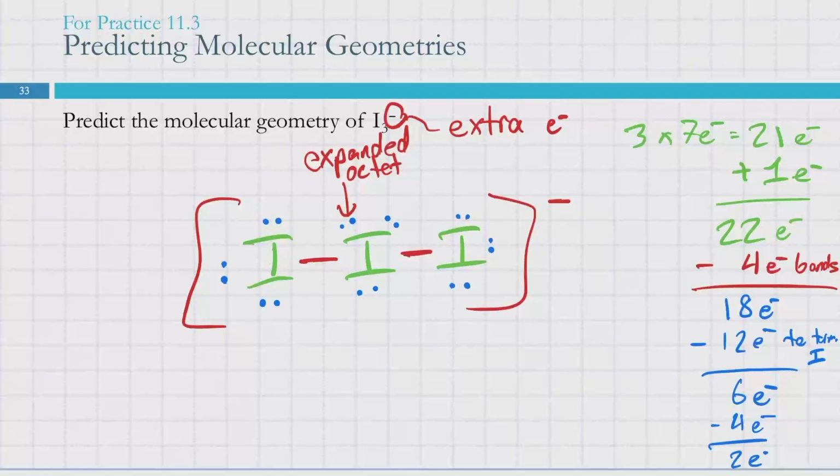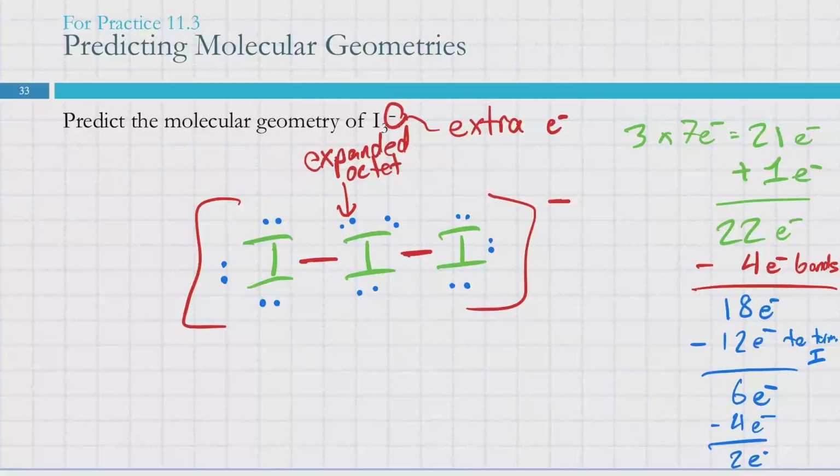Question? So I was thinking about formal charges, like when I was trying to make this, you want the more negative formal charge on the outside if possible, right?